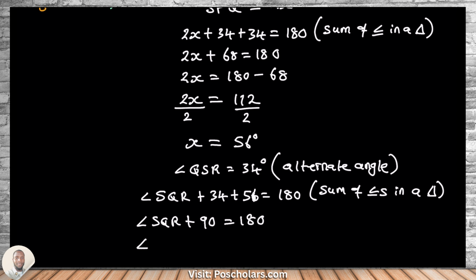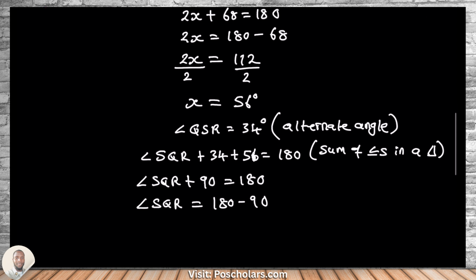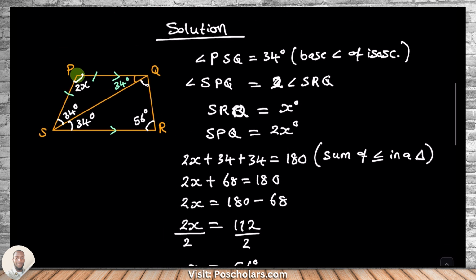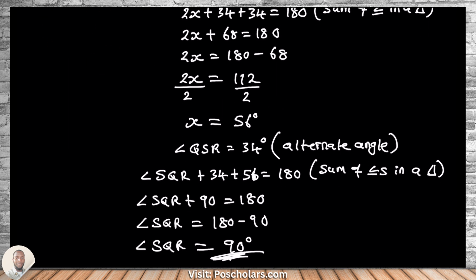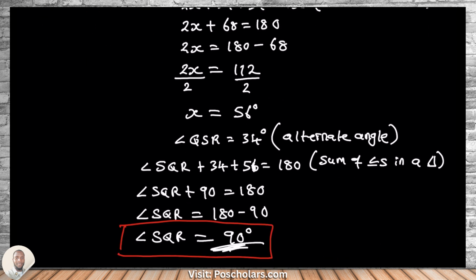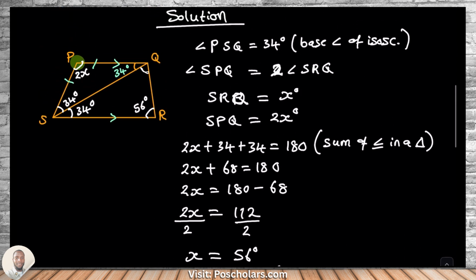So we have angle SQR equals, subtract 90 from both sides, 180 minus 90 on the right hand side. Then angle SQR equals 180 minus 90, which gives 90 degrees. So we have gotten the value of this angle, and the value is 90 degrees.